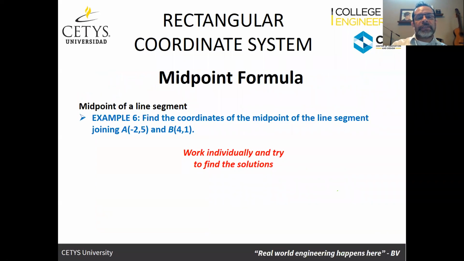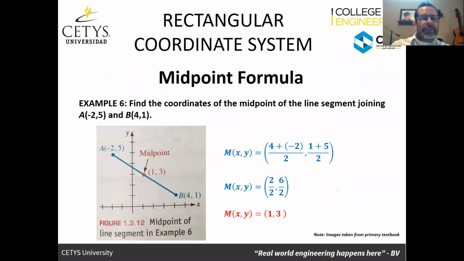And so let's assume that we have the coordinates of 2 points. A is (-2, 5), and B is (4, 1). We want to find the midpoint. First we plot them. We've got A and B plotted in the Cartesian plane. We find the midpoint for the X's, which is the sum divided by 2. So it's (4 minus 2) divided by 2. Then we find the midpoint of the Y's, which is (1 plus 5) divided by 2.